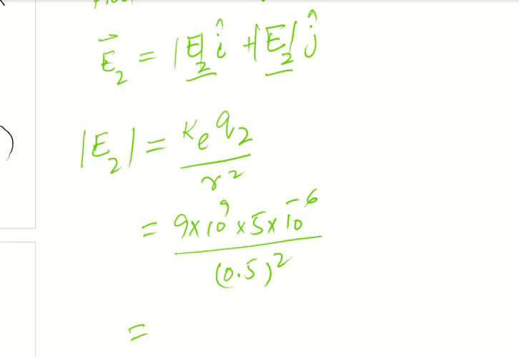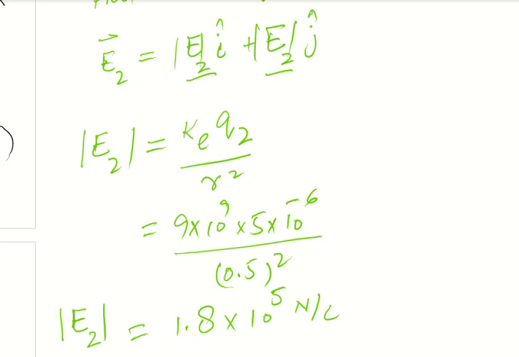I'm using a calculator in parallel, so that is 45 divided by 0.25, that is 1.8 into 10 raised to the power 5 Newton per Coulomb. This is the magnitude of the field due to charge Q2.